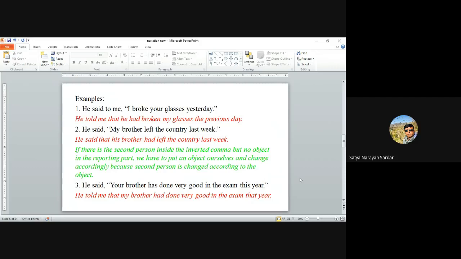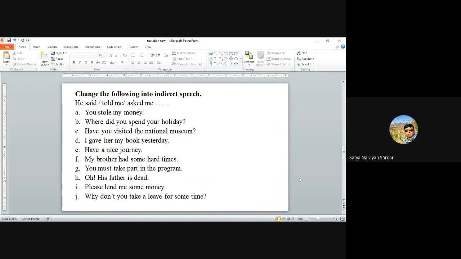He said, "Your brother has done very good in the exam this year." There is no object, but there is a second person inside the inverted comma. So we can make it: he told me that my brother had done very good in the exam that year. So these are some examples. Will you try these?